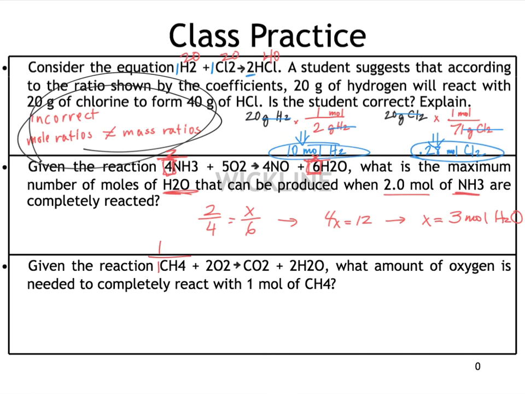So normally 2 moles of oxygen is needed to react with a mole of methane, so we want to know how many moles of oxygen would be needed to react with 1 mole of methane. So literally, this is becoming 1 over 1 is equal to x over 2, or 1x is equal to 2. So you would need 2 moles of oxygen, which of course is not a surprise to any of us.